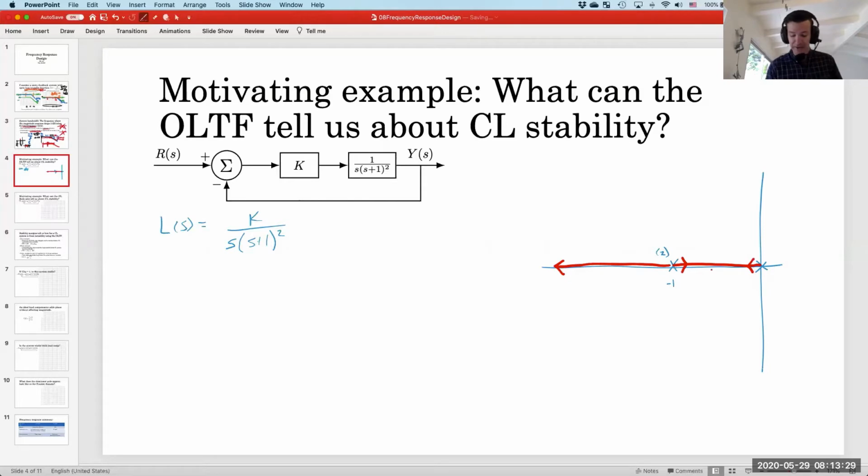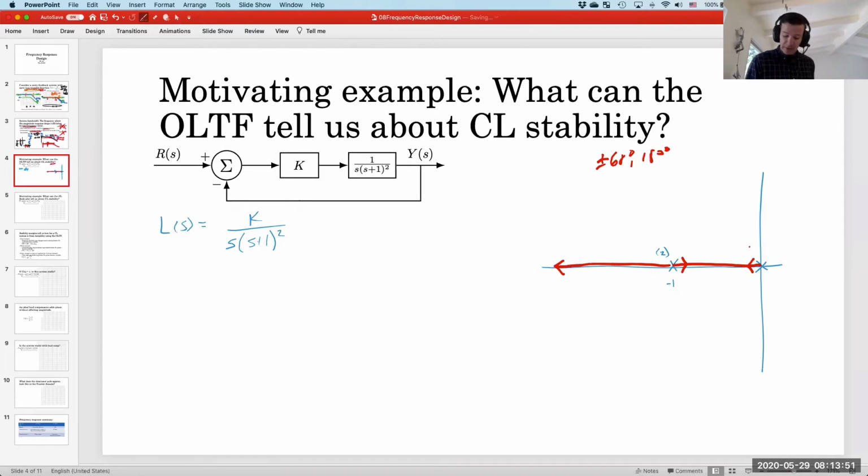So these two we're going to have to break away. We also know that there will be 3 asymptotes, and when there are 3 asymptotes, they're always at plus and minus 60 degrees and 180 degrees. So that also tells us that because the asymptotes cross from the left to the right, we will have a crossover point, a point of instability.